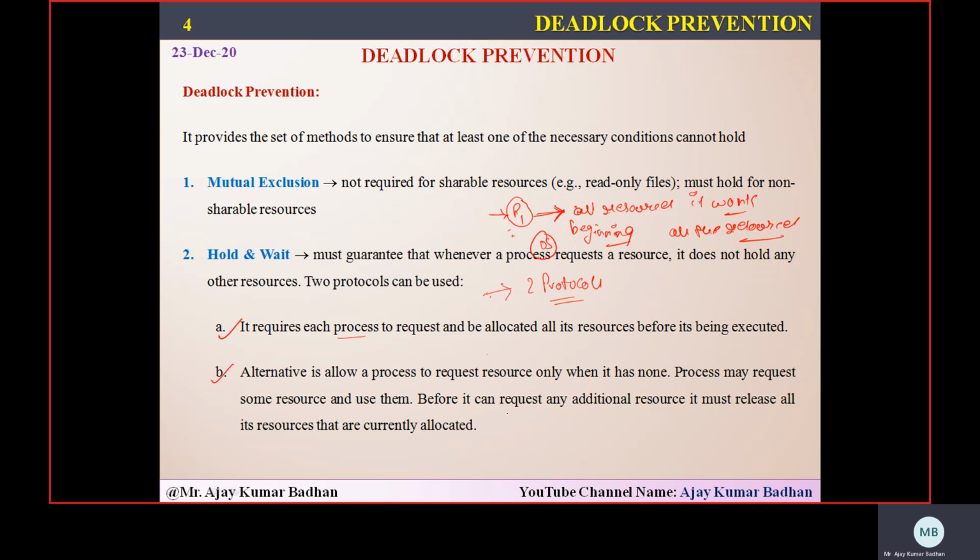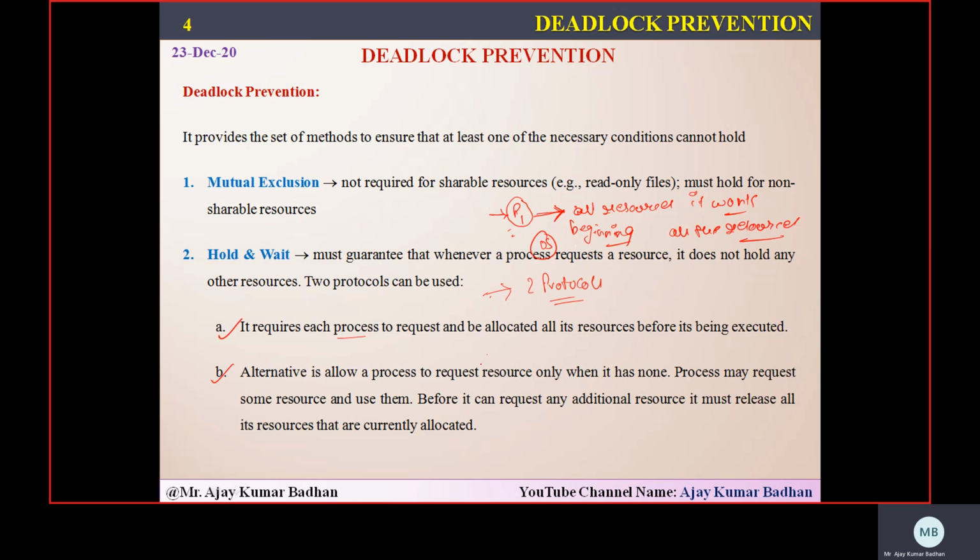Once it has completed and it wants another resource to complete the task, then it has to release the previous resources it is holding. Then the new one should be provided to it, and only then can it perform the operation. That's what he's saying in this scenario. I hope it's very clear.